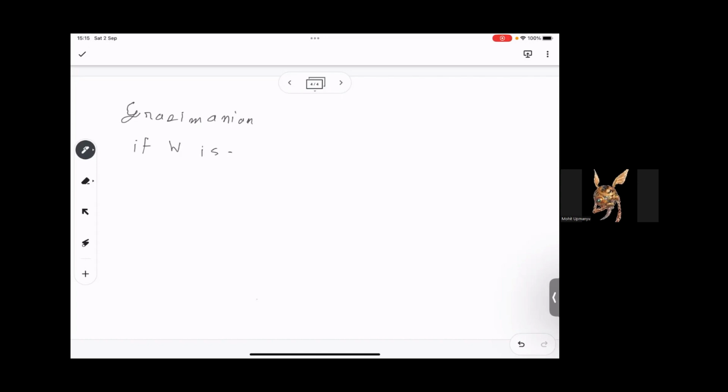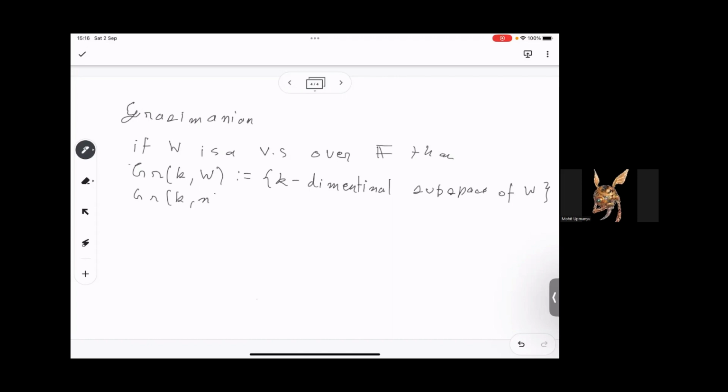So if V is a vector space over F, then we define Gr(k, W) to be the set of k dimensional subspaces of W, and Gr(k, n) to be Gr(k, F^n).